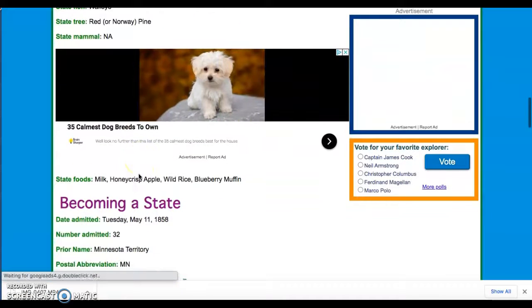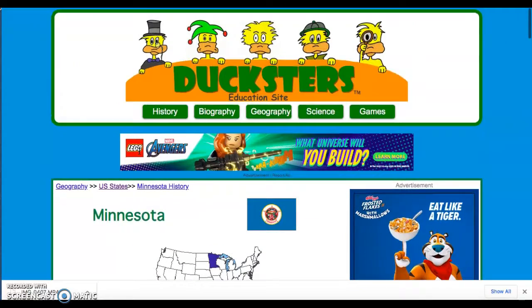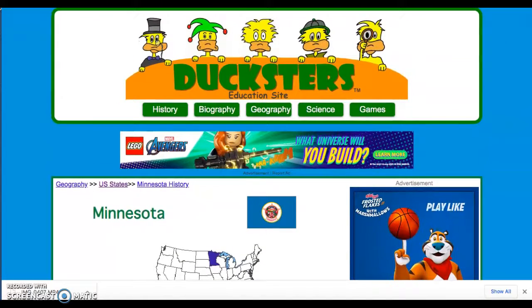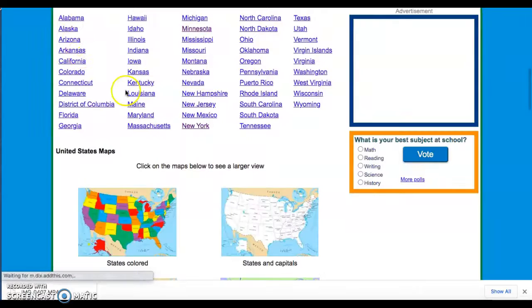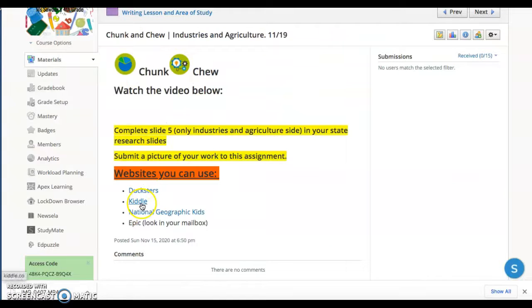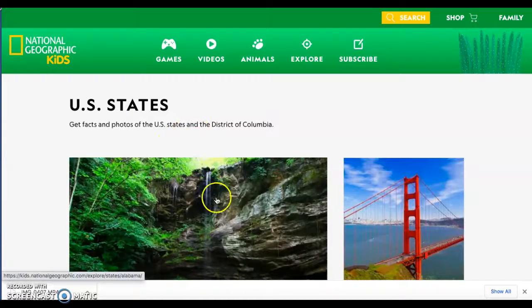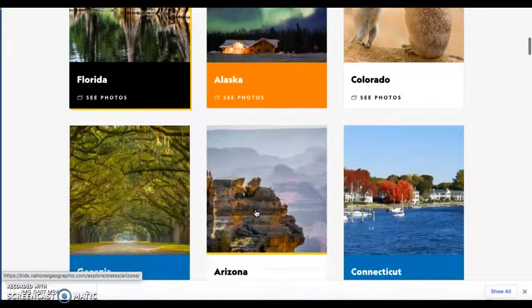So if you decide to use that, you can. If you go to a different website like National Geographic, and let's say we look at Minnesota.